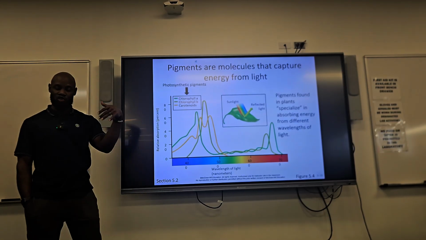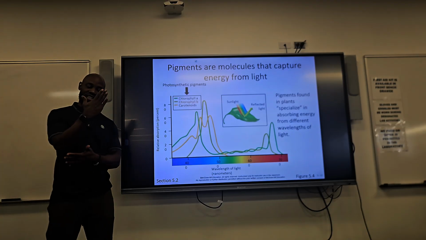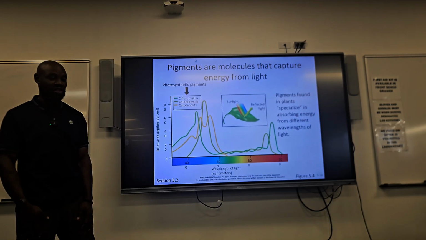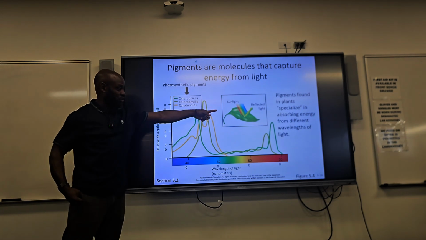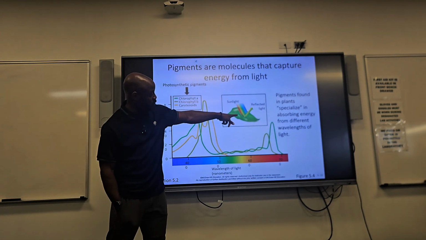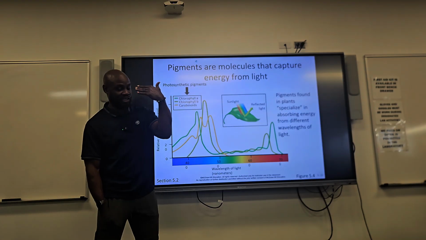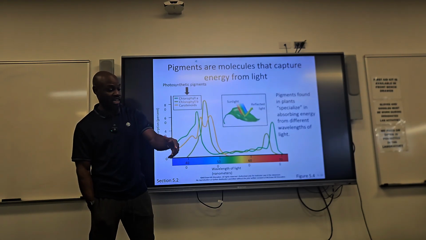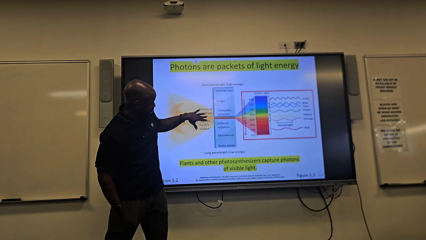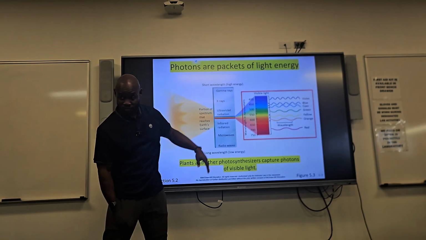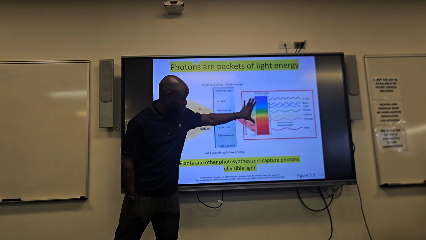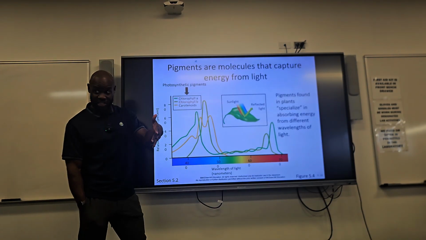So if something is green, that means it's reflecting the green part of the visible light and absorbing the other parts of the light. When you see something as green, that means it's reflecting the green light into your eyes. The sun is giving all of this energy in the sunlight.